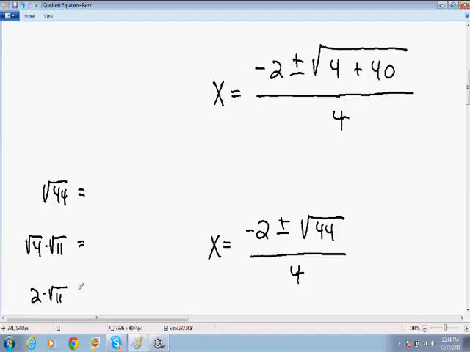So the square root of 44 can be simplified as 2 times the square root of 11. If you don't know how to simplify square roots, I do have a video about that that I highly suggest you watch. I don't want to spend too much time on that because I'm trying to teach the quadratic formula. But you always want to try and simplify as much as possible.